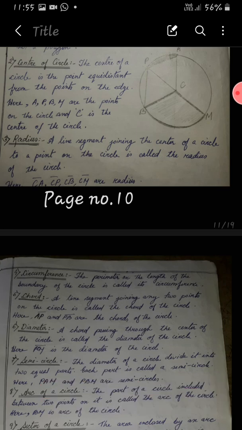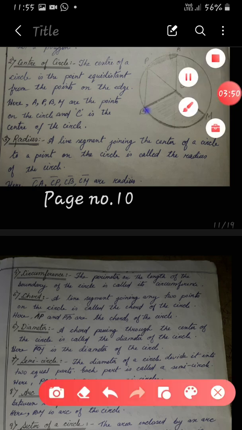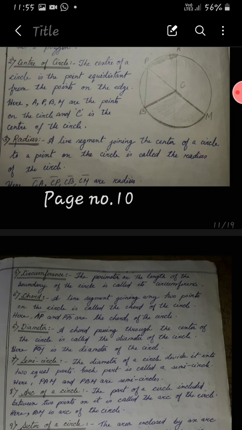Then arc of a circle. The part of a circle included between 2 points on it is called the arc of the circle. BM is the arc of the circle. So this portion, B and M, forms the arc of a circle. The part of the circle included between 2 points.